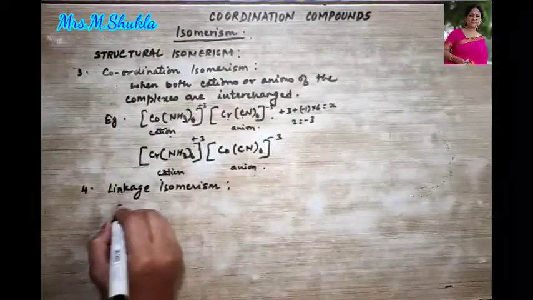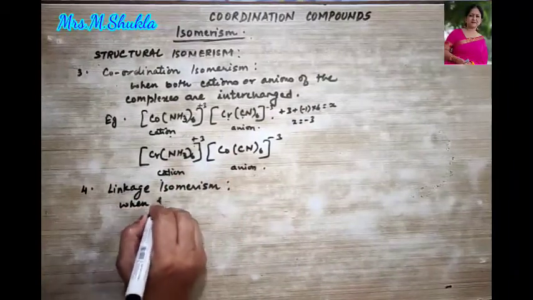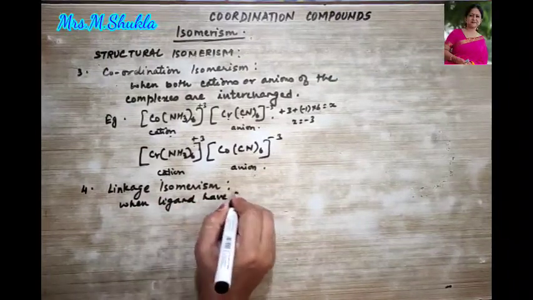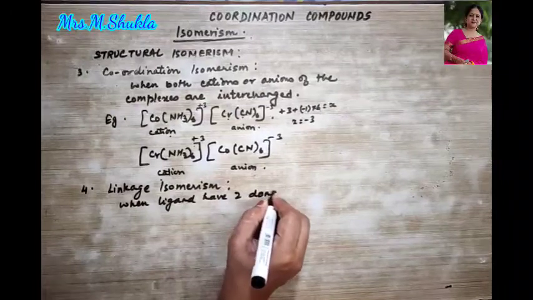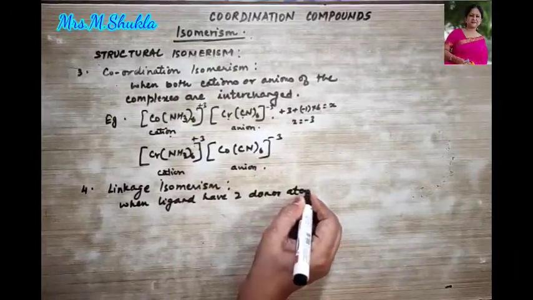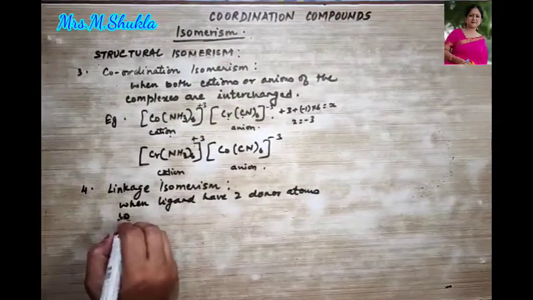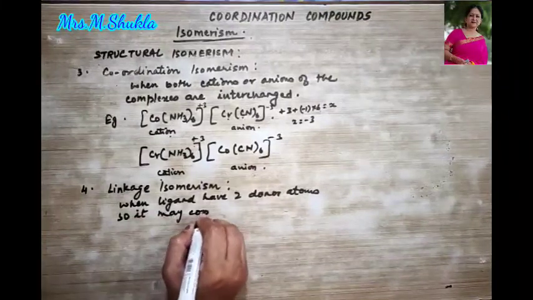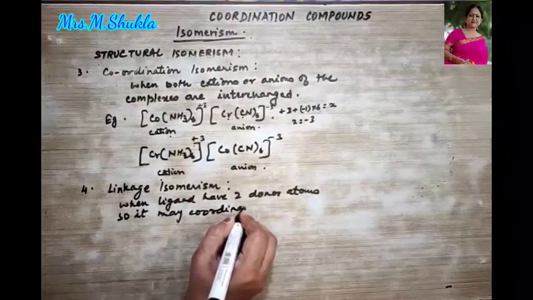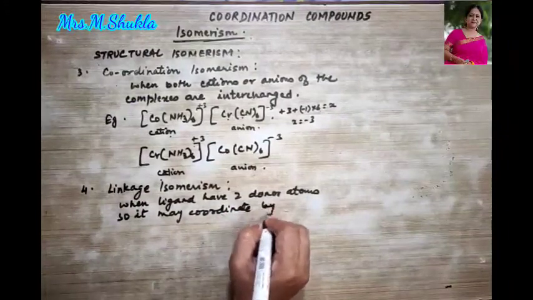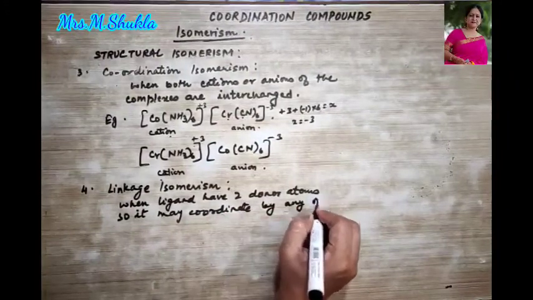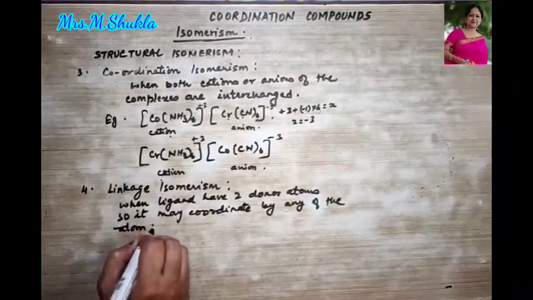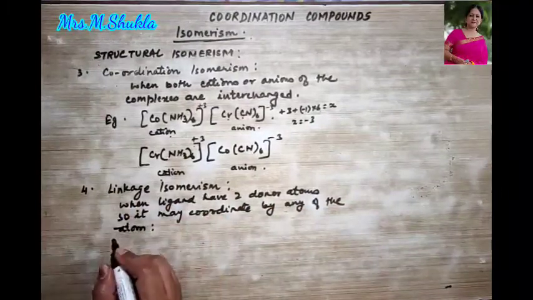Okay, so when ligands have two donor atoms, so it may coordinate by any of the atoms, then it is going to show linkage isomerism.